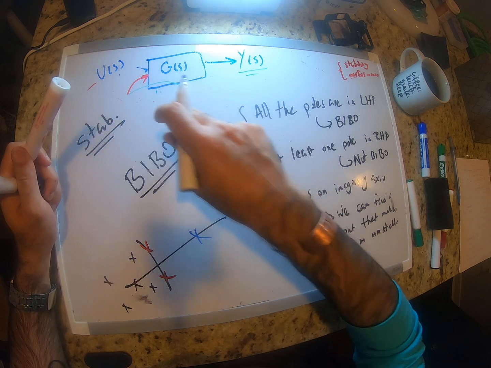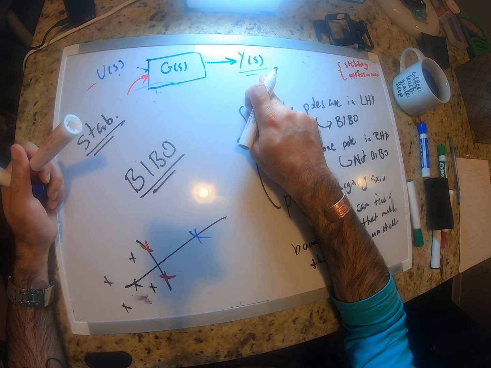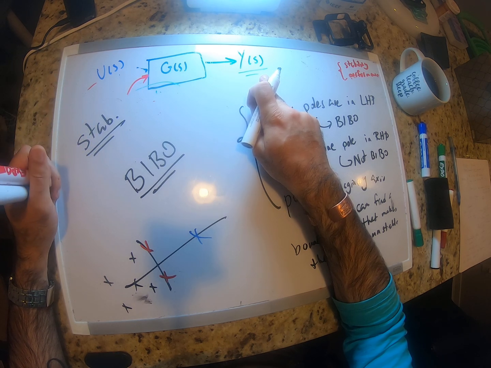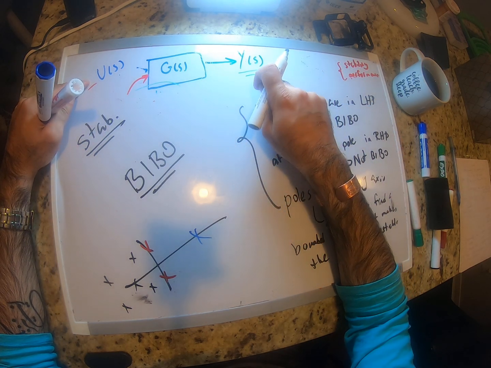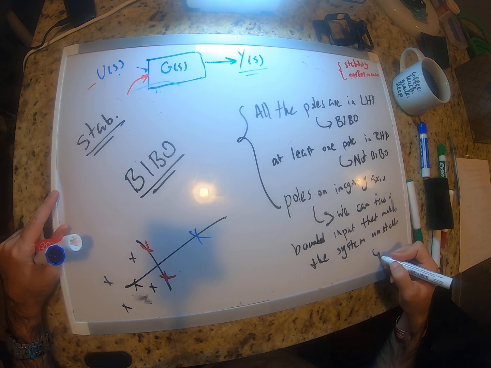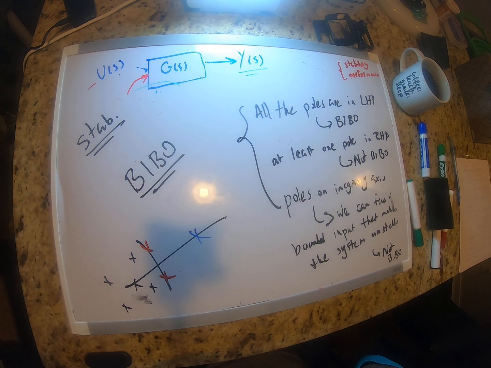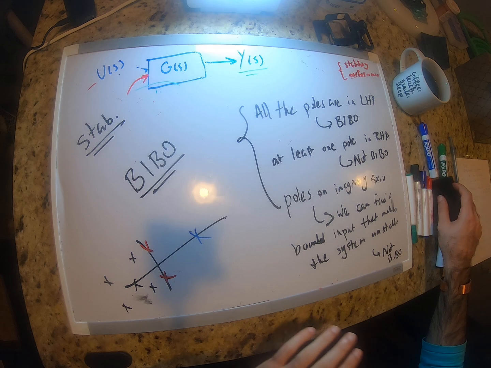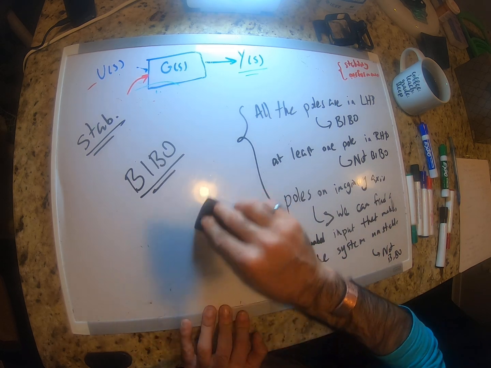You might have some inputs that give you a stable response, but you can definitely find an input that would give you an unstable response. So this is also not BIBO stable. Okay, so that's another definition for BIBO stability. Let's look at examples for that.